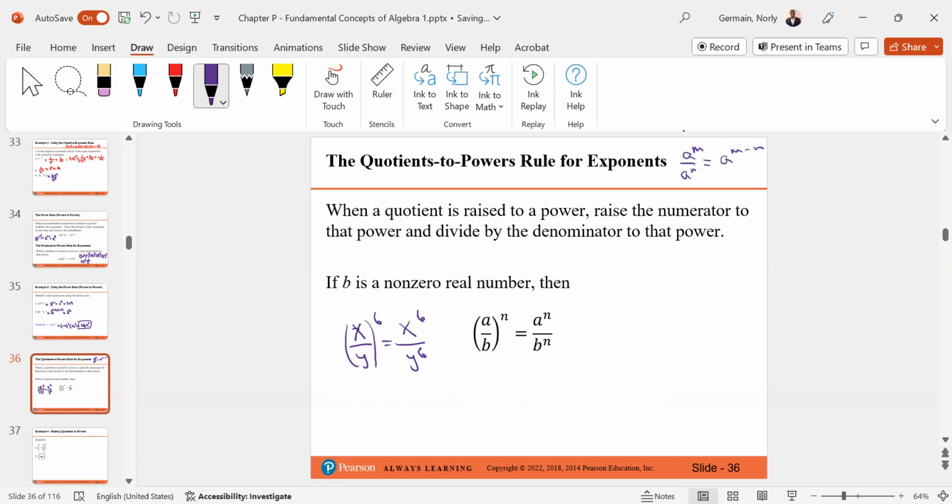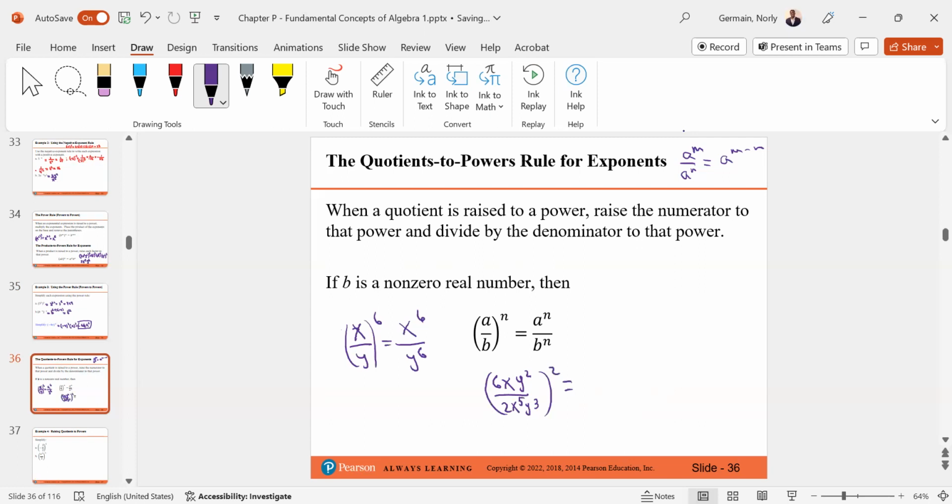You would see, let's suppose you have (6x y cubed over 2x to the fifth y cubed) to the power 2.